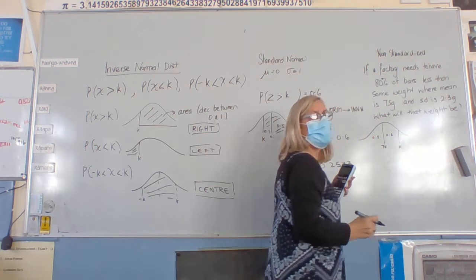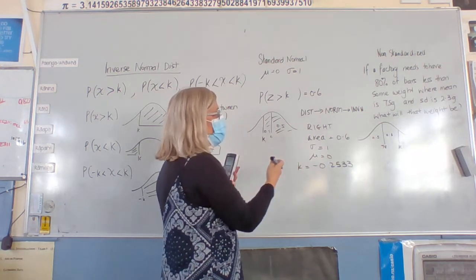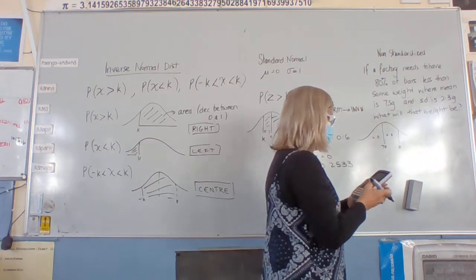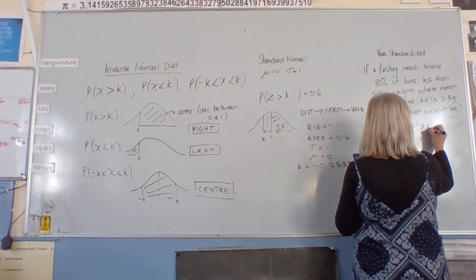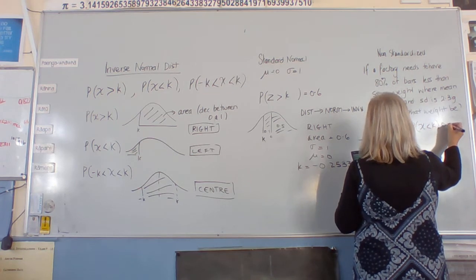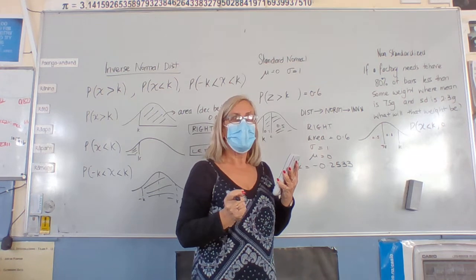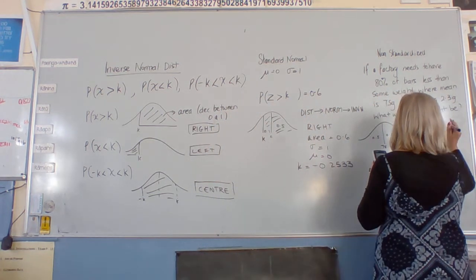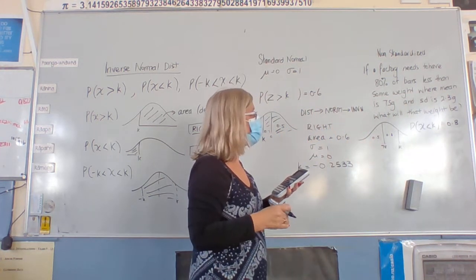This is our K. So we need that side of it. So, we write it down as the probability of X being less than K has to be equal to what? And that is what? 0.8. Remembering that it needs to be a decimal. 0.8, 80 over 100.